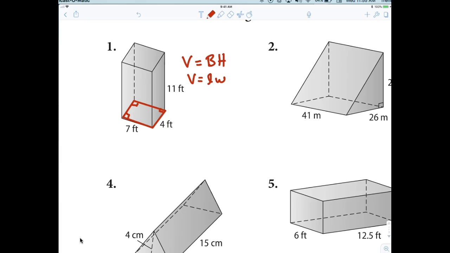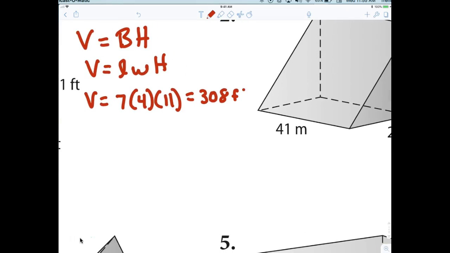The lowercase letters talk about the area of the base. So it would be length times width times capital H. That's what I want you to write down. Now from there, volume equals 7 times 4 times 11, and that would be 308. 308 what? Cubic feet. That's how you write cubic feet.